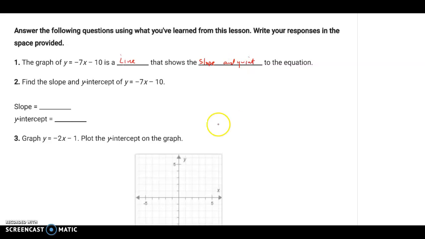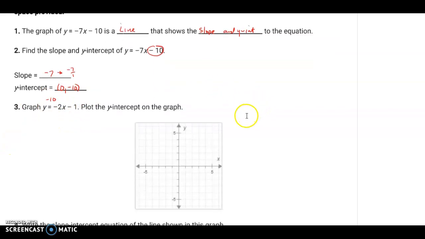So when I look at this right away, what would the slope of this be? We would say -7. Now, when we go to graph, it makes sense to write it as -7 over 1, but when they ask for the slope, they just want -7. The y-intercept is pretty straightforward. Now, sometimes textbooks will say just -10, but the proper way is 0, -10. But if you just see -10, they just want you to find b.